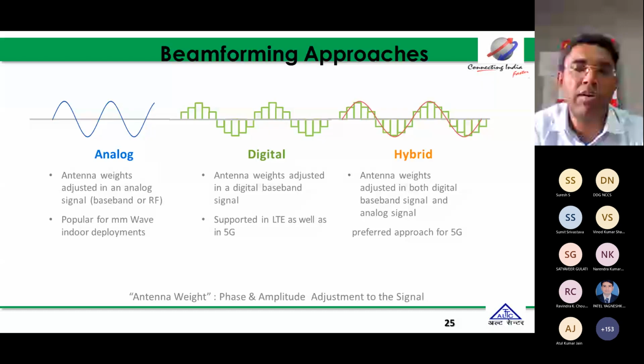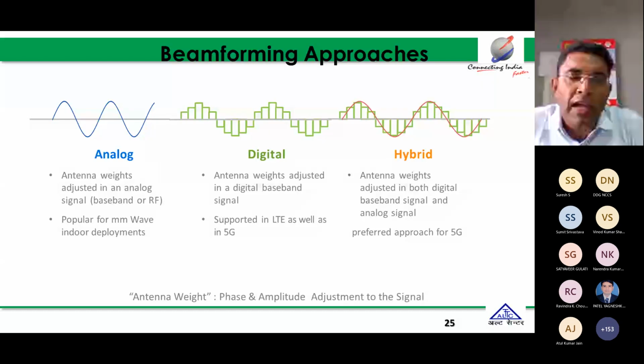Analog beamforming means antenna weights are adjusted in the analog signal, or we can say the analog domain. What is the antenna weight actually? Whenever we use antenna weights, it is termed as a phase and amplitude adjustment to the signal that is allocated to an antenna element.